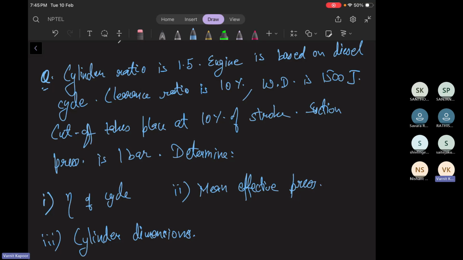Everything is given in the question. You just have to put the values and get the answers.